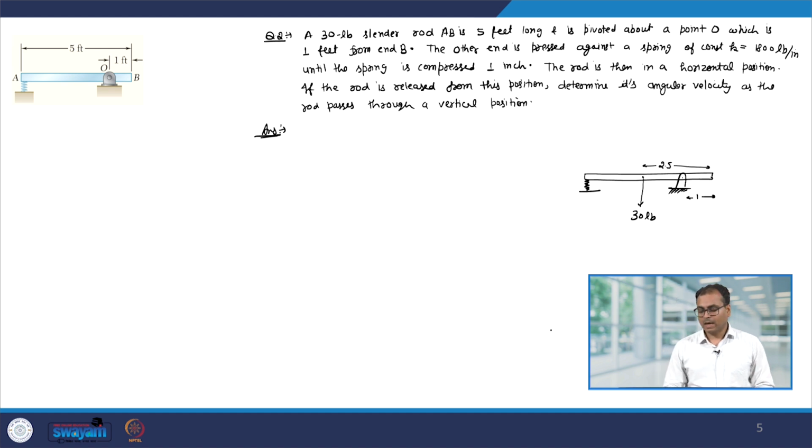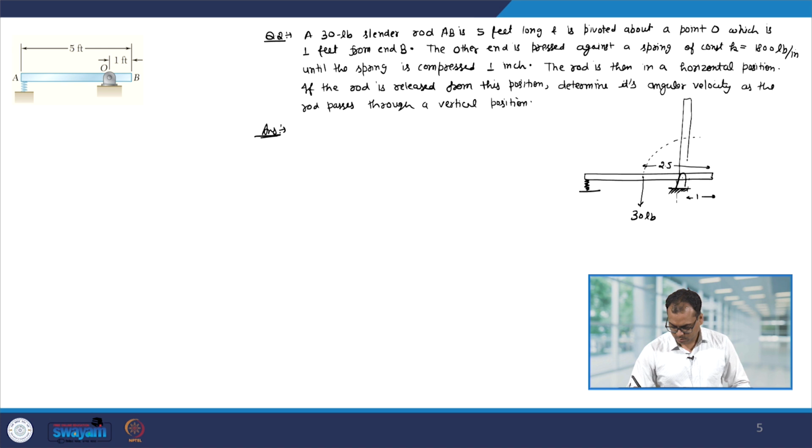And so, this was the initial situation, and when the rod is released, it goes into the vertical position, and we have to find out its angular velocity in that case.